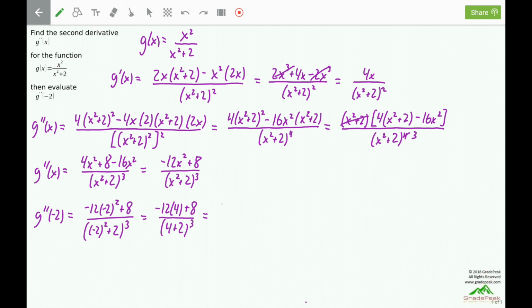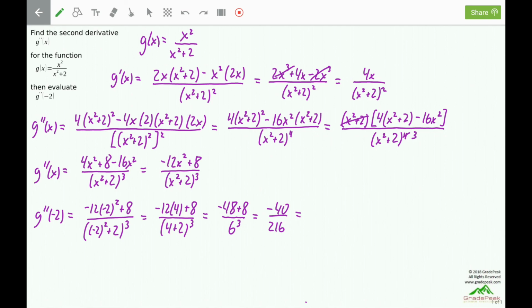In the numerator we have negative 12 times 4, which is negative 48 plus 8. And in the denominator we have 4 plus 2, which is 6, and then cubed. Negative 48 plus 8 is a negative 40. And then 6 cubed, 6 times 6 is 36, and times 1 more 6 is 216.